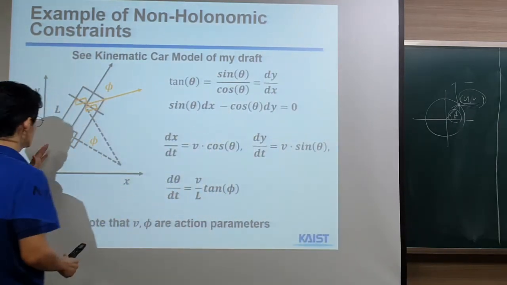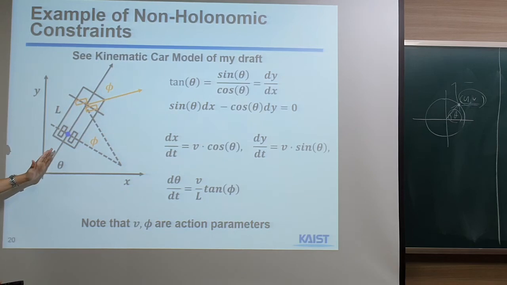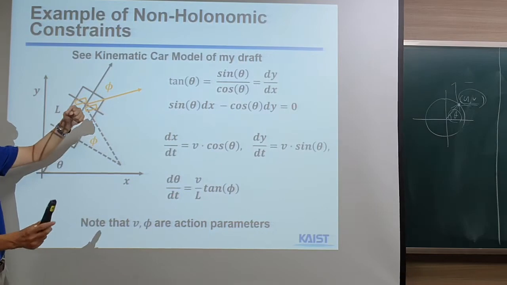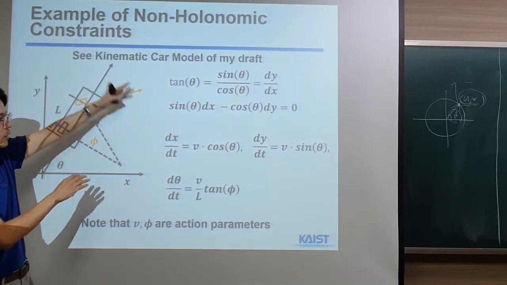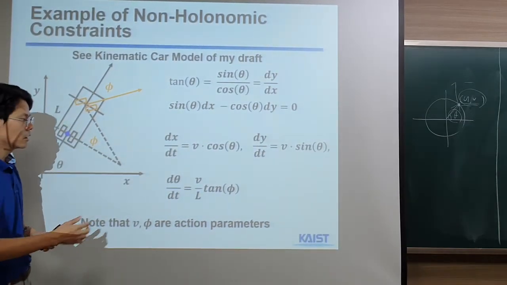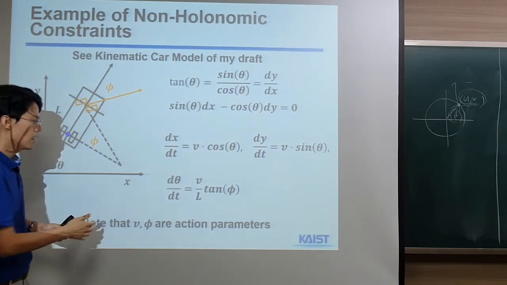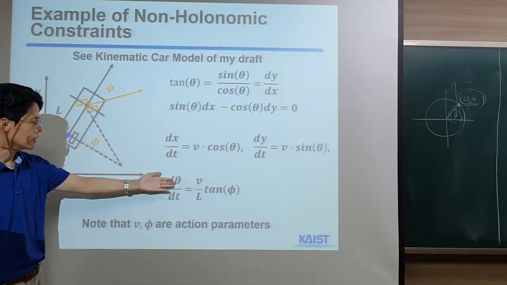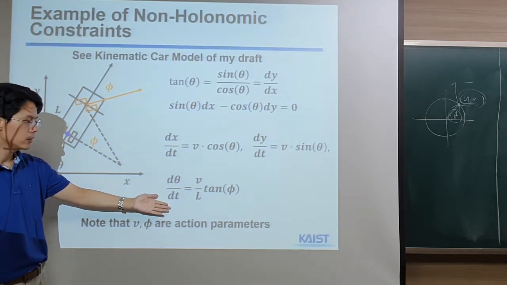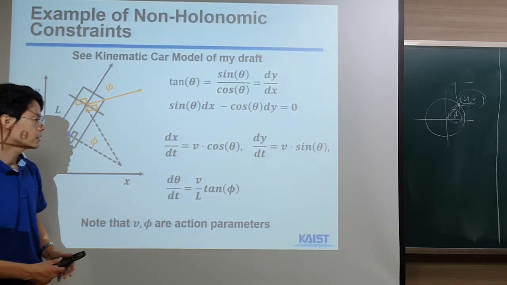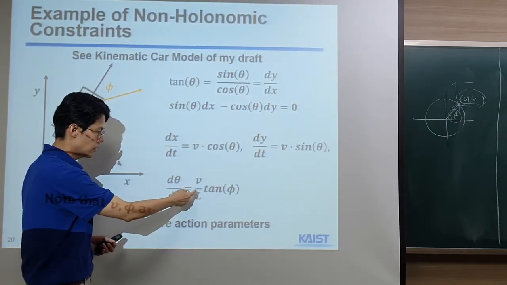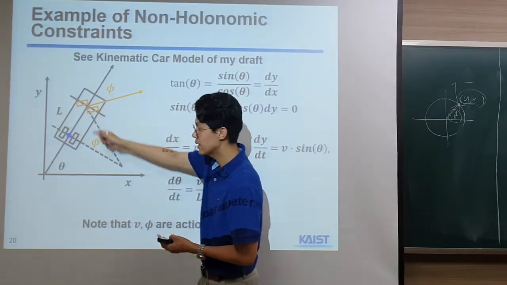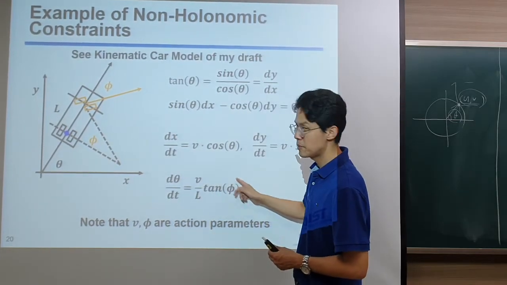Again, theta is the orientation of your car, there is this particular location, and phi is your steering angle. If you follow a certain equation, which I'm not going to talk about here, the heading change per unit time, d theta divided by the time difference delta t, is given by the velocity over L, where L is a constant, the length of your car, and the tangent of phi, the steering angle.